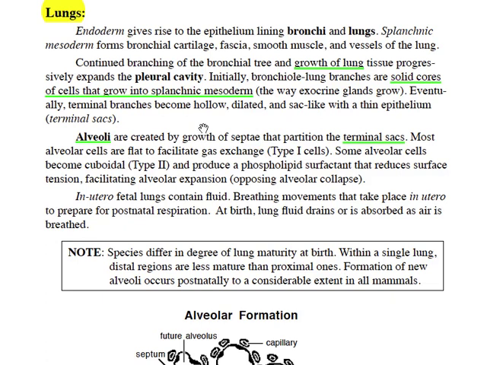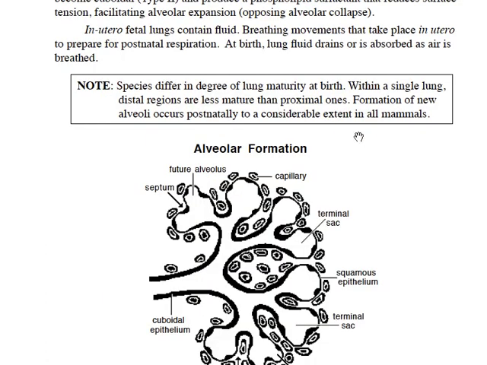Most of the cells of the alveoli are quite thin to facilitate gas exchange, type 1 cells, but some type 2 cells produce a surfactant that reduces surface tension and facilitates expansion of the alveoli. In utero, breathing movements take place so that the fetus is prepared for breathing at birth. Considerable lung development will persist postnatally as the individual enlarges in size and more lung capacity is needed.